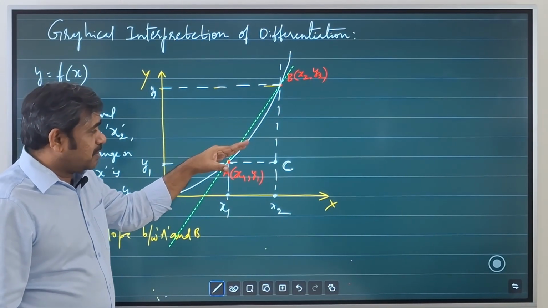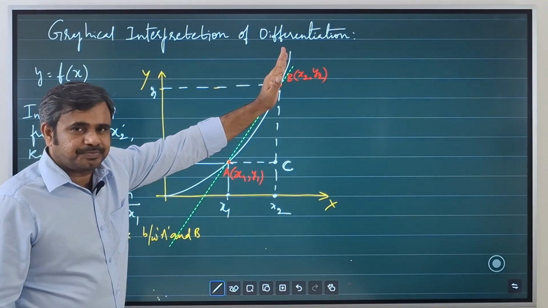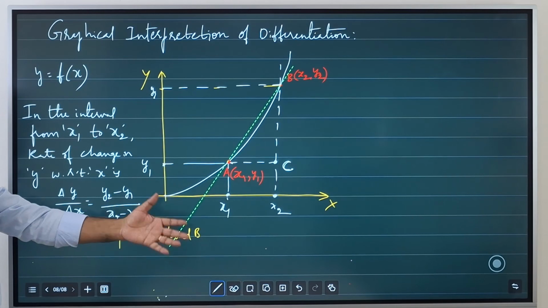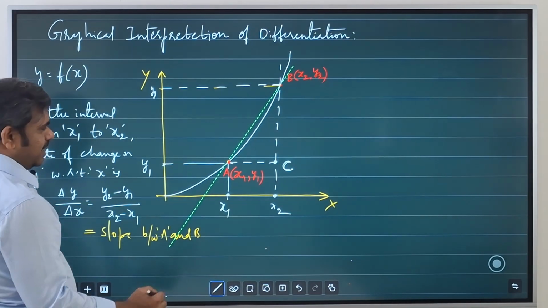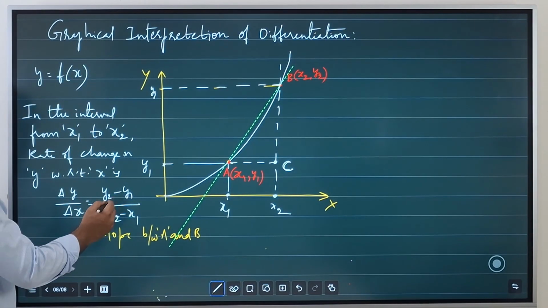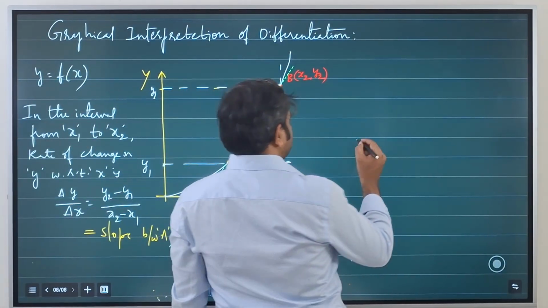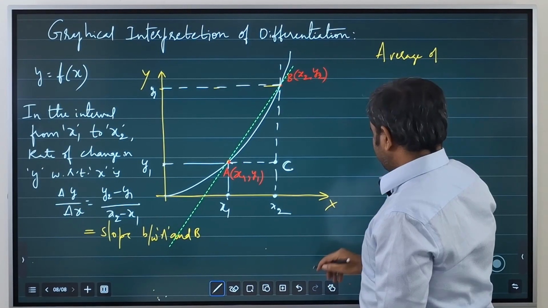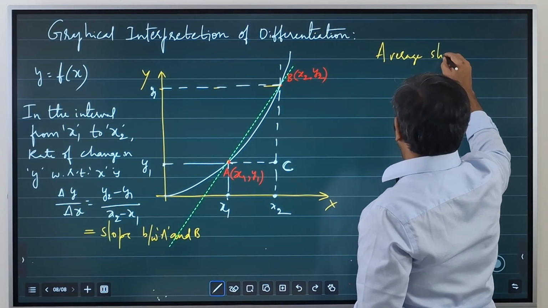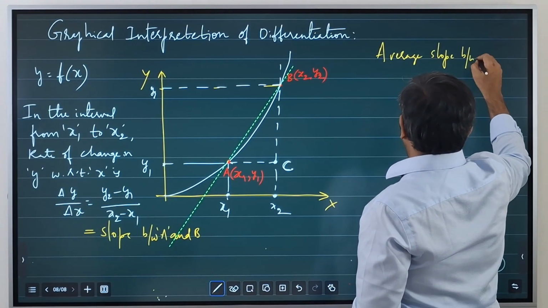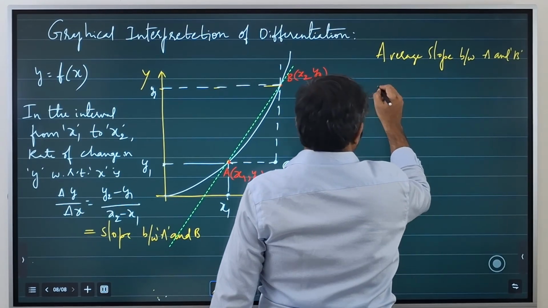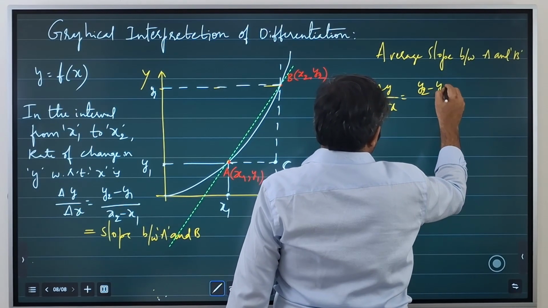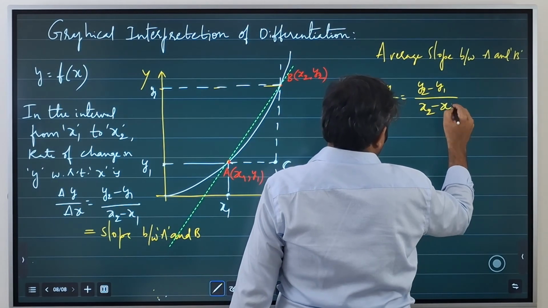So the graph is less steep close to A, more steep close to B. This is just an average slope between A and B. Average slope between A and B is delta y by delta x or y2 minus y1 by x2 minus x1. So rate of change in y with respect to x is delta y by delta x, equal to y2 minus y1 by x2 minus x1.